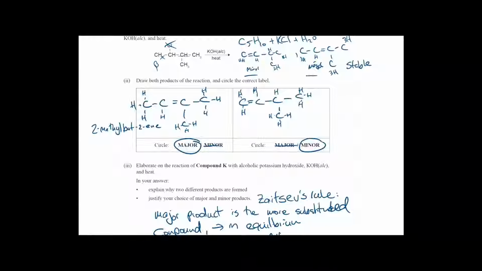What's that going to be? It's going to be same as this, except this double is moved to the side. So this methyl is going to be on the 3rd carbon.